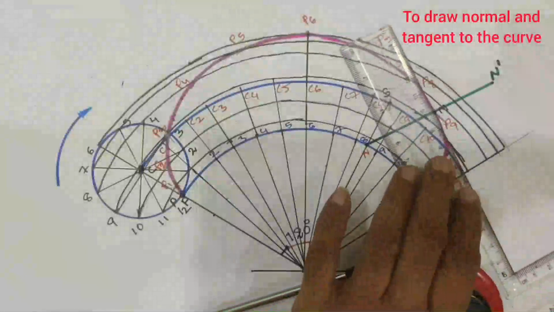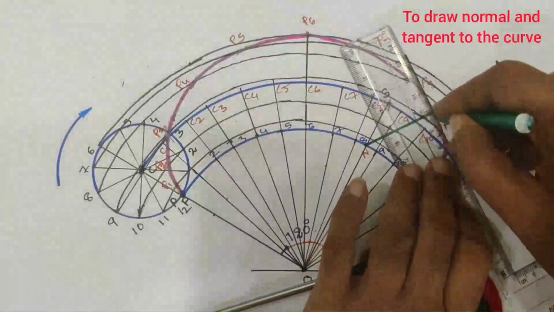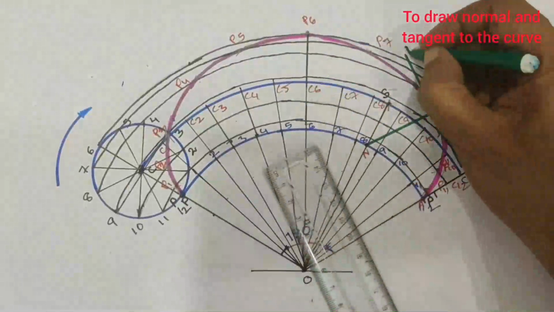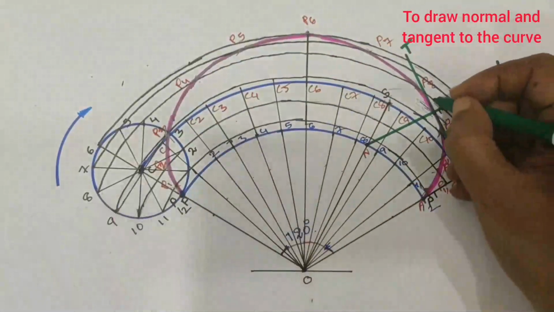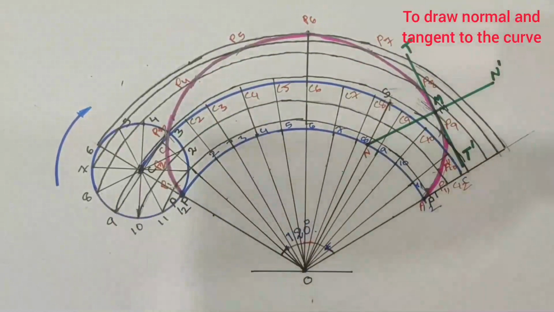Perpendicular to N dash passing through M is the tangent, that is T dash. This is M.